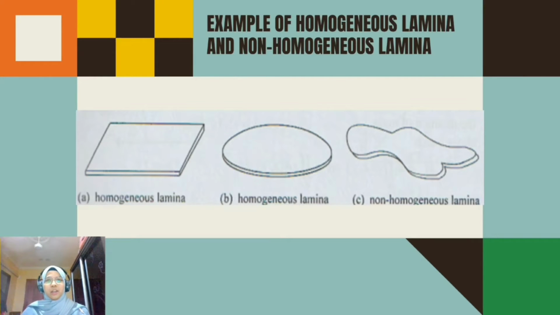These are examples of homogeneous lamina and non-homogeneous lamina, where A and B are homogeneous lamina, meanwhile C is a non-homogeneous lamina.